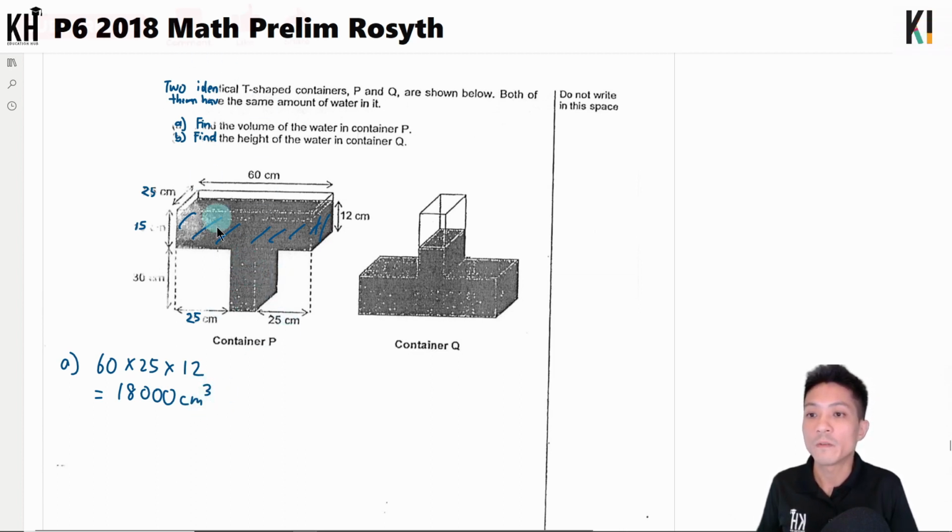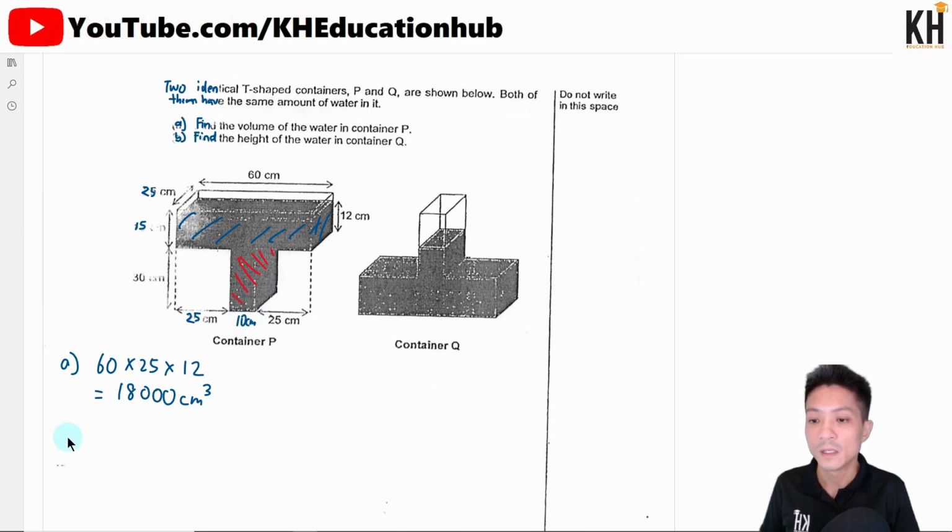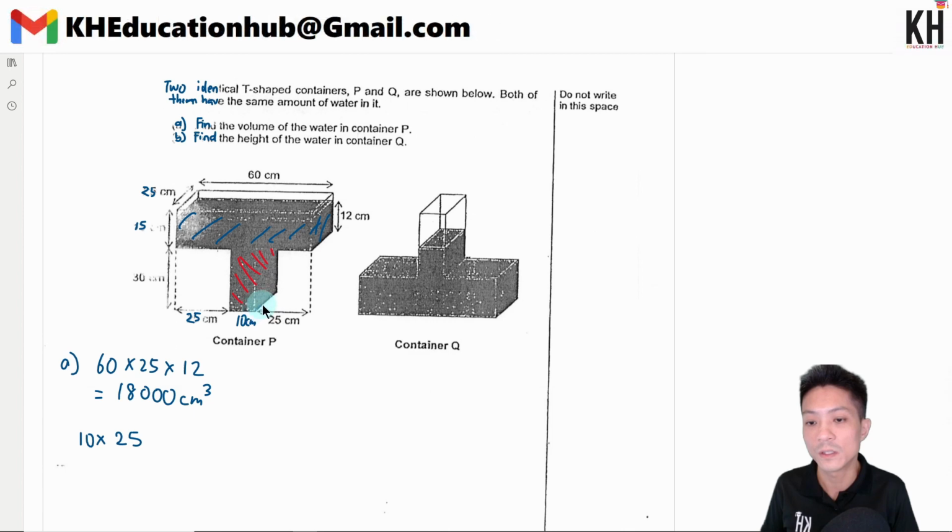Next, I'm going to find the volume of the bottom part here. This part here is 10 cm, and here is 25. The height is 30.